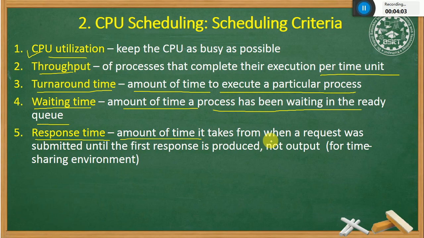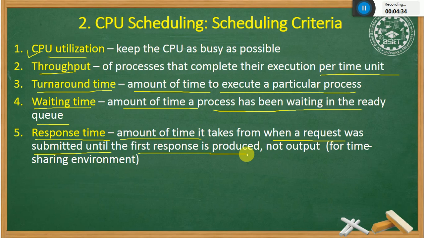The amount of time the process takes from when its request is submitted to the CPU allocation and the first response is produced. So that is the difference between the time when the process first requested the CPU and when it gets a response from the CPU. That time period is called the first response time.